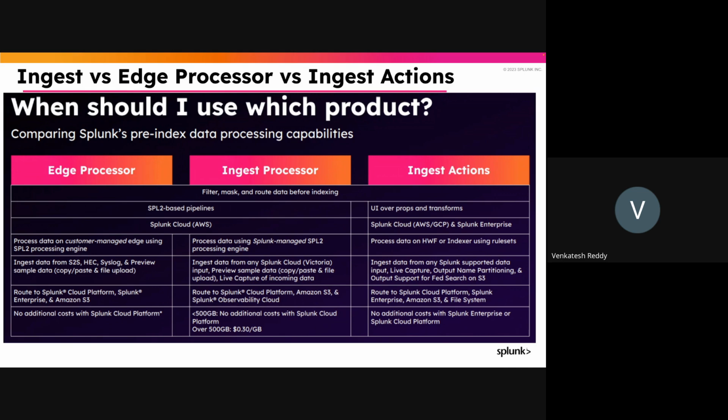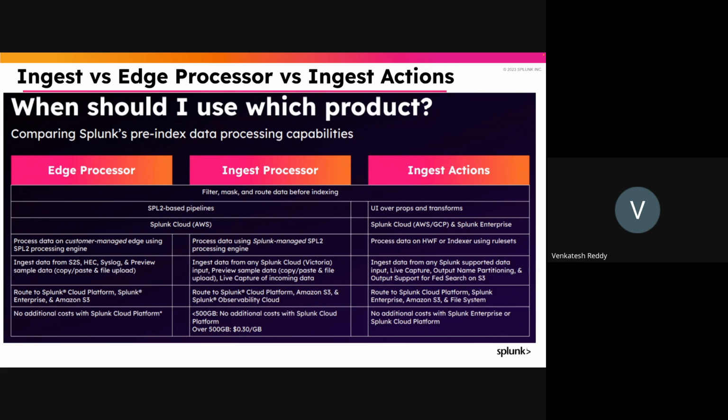Okay, now let's change the page to edge processor and ingest processor. These two tools use SPL2. It's the SPL2 language. So we use that processing language to filter and mask the data. The only difference between edge processor and ingest processor is that with edge processor, you need to maintain the infrastructure.